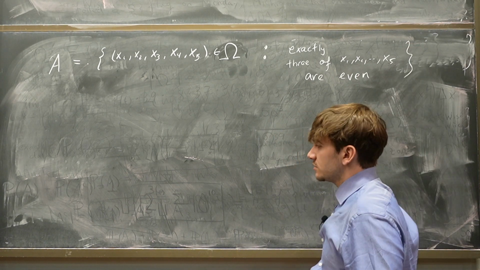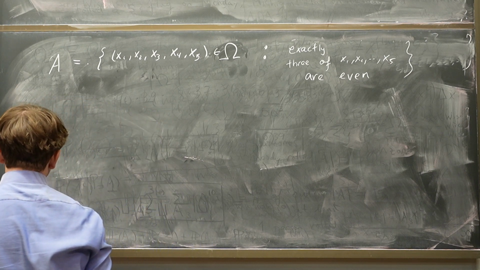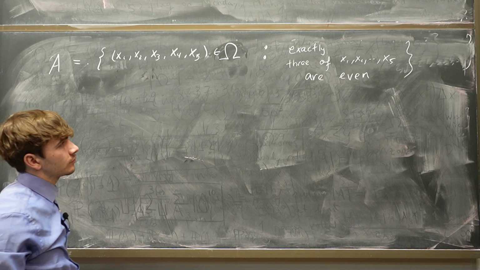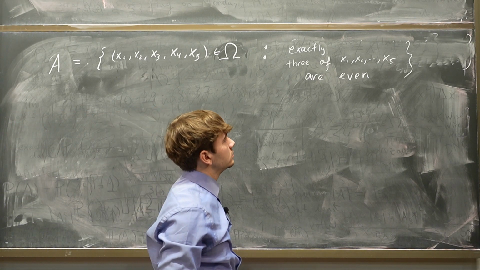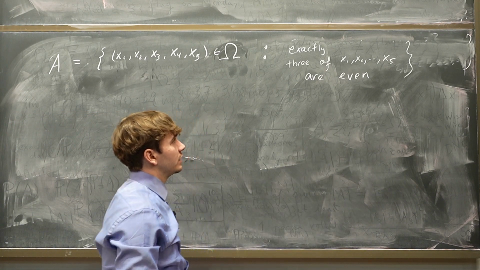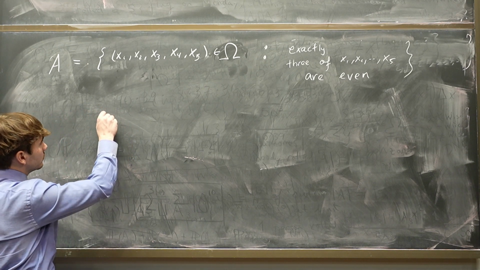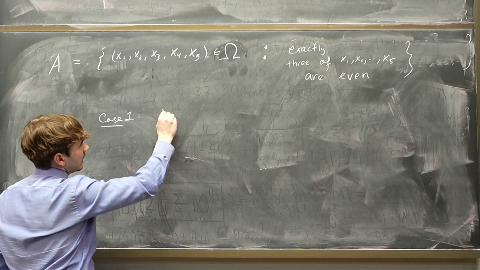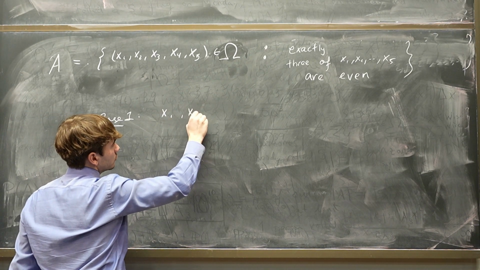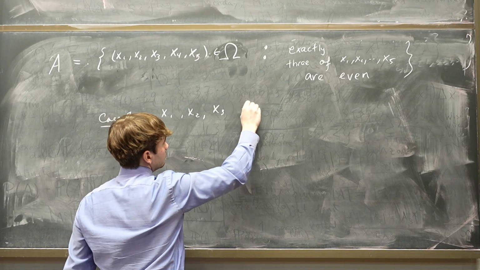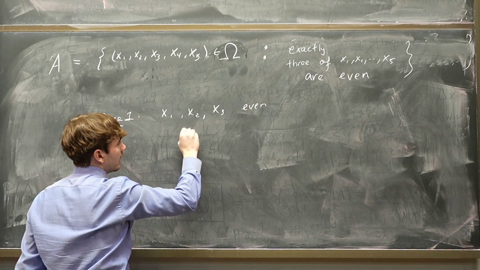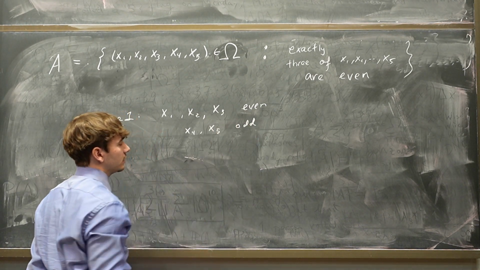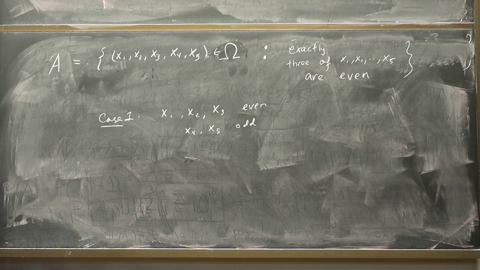Okay, so we kind of need to unpack this a bit more explicitly. If exactly 3 of these are even, then there's a few possibilities. So I have a few different cases. Case 1 is that x1, x2, and x3 are even, and x4, x5 are odd.